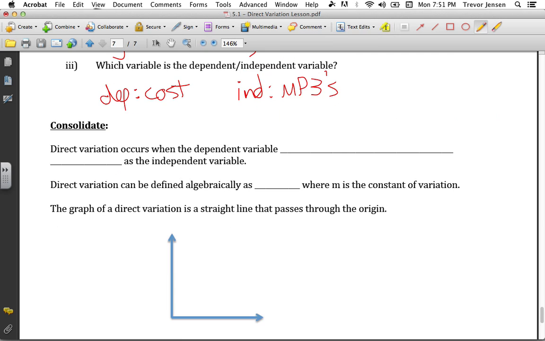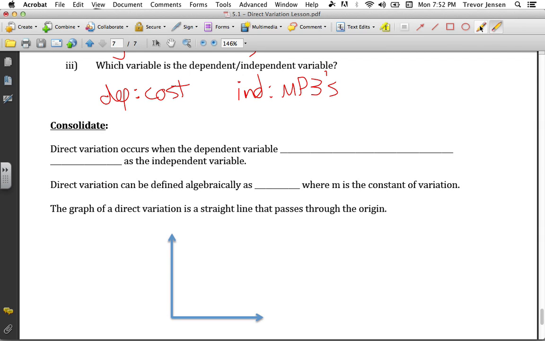Okay, so let's just quickly consolidate everything we've done. So direct variation occurs when the dependent variable is a constant multiple of the independent variable.